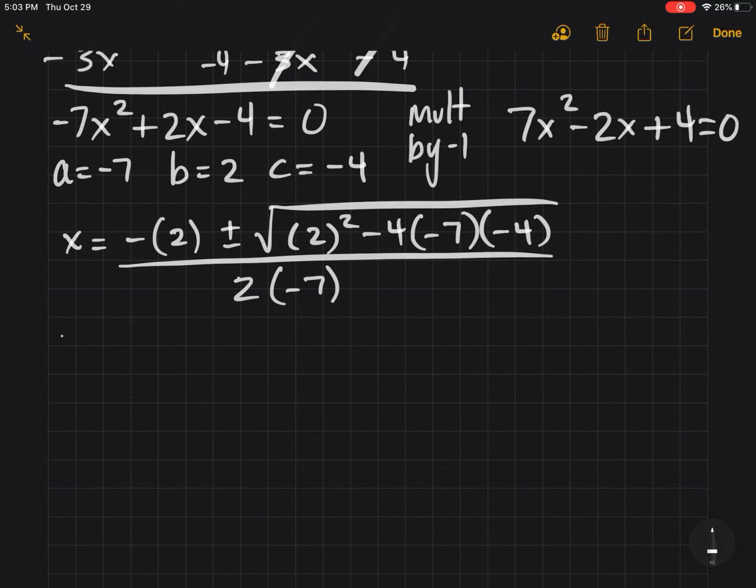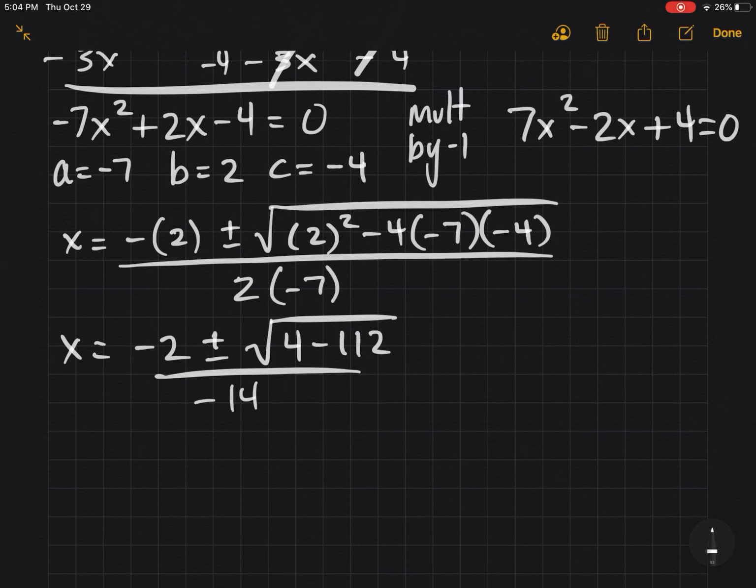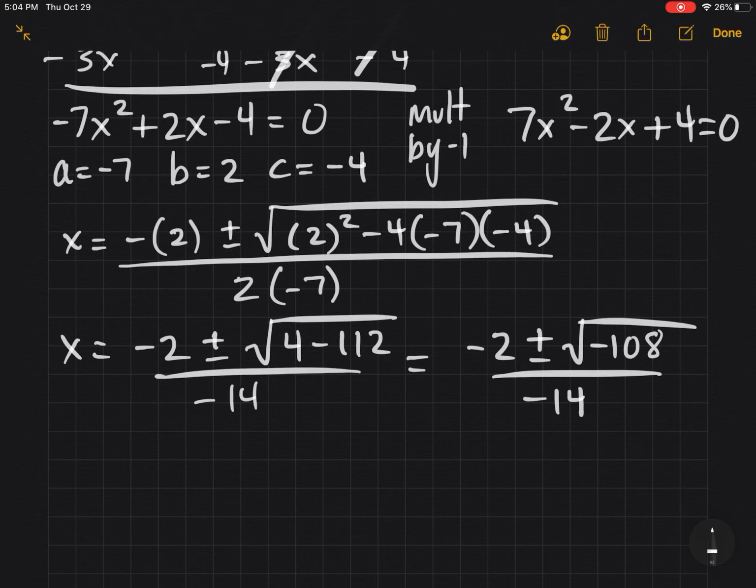So we've got quite a bit of simplifying to do here. -2 plus or minus the square root of 4 minus, and if we multiply all of this out, we'll see that that's 112, all over -14. And we can continue to reduce and simplify. The square root of -108. Ooh, I can see that's going to be imaginary.